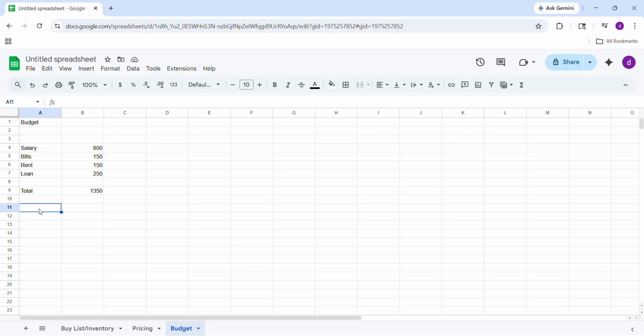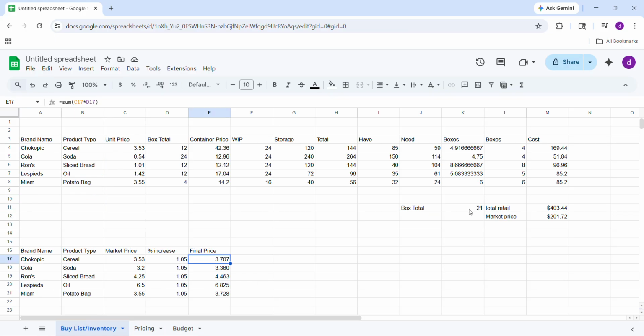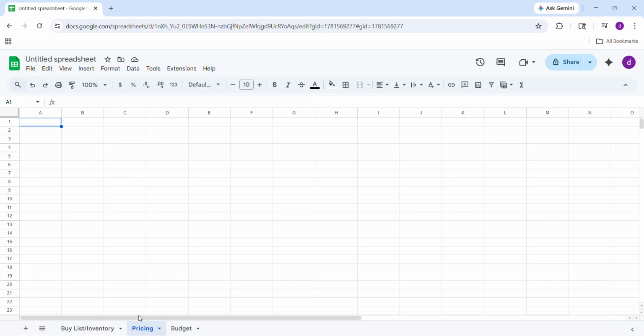Now, what about my stock? Your stock you'll get from your total market price or your retail price, and then you're going to add that to your pricing, your budget. So let's do inventory stock. Whatever number that was, let's just say it's $3,500.